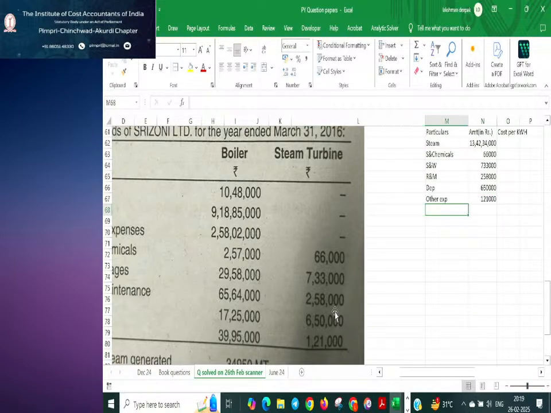Less credit, exhaust steam, which is 90%, wherein you have adjusted 10% for the enthalpy loss. So what you will do is you will take 90% of this, which is almost 12 crore something something.